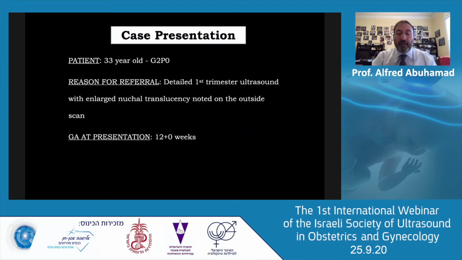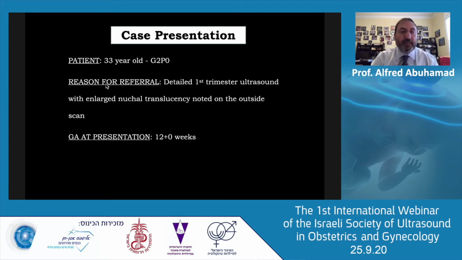So it is really important to look at the cardiac axis. It is a more important screening parameter in the first trimester for congenital heart disease than nuchal translucency, tricuspid regurgitation, and ductus venosus combined. We don't measure it every time, but we look at it. When we see it is abnormal, we measure, and we do a more detailed evaluation of the fetal heart when we suspect that the cardiac axis is abnormal.